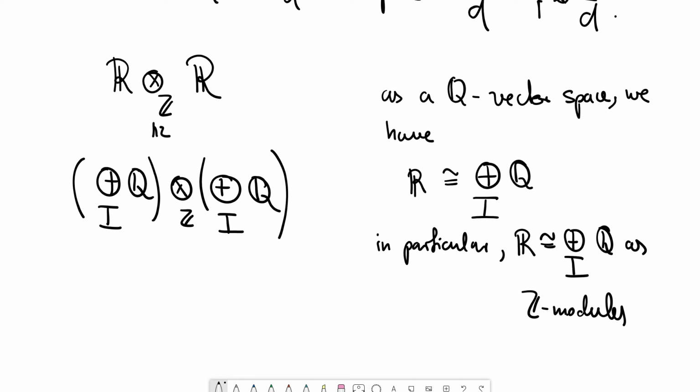All right, so now we can use the fact that the tensor product is compatible with direct sums and even uncountable sums. So we get a double direct sum, which we can pull out.